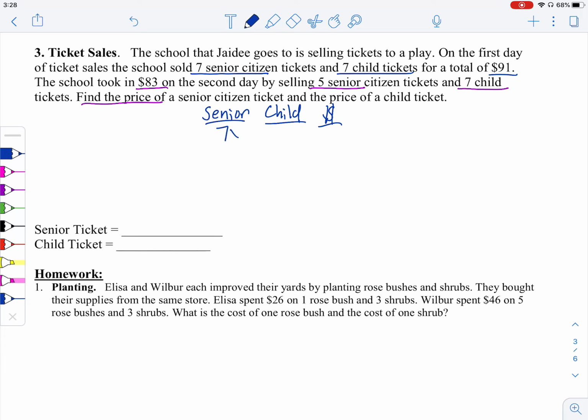So first day, 7 seniors plus 7 child, $91, right? 7 seniors, 7 child, $91. Then we go to our next one, $83, that's our money, for 5 senior tickets plus 7 child tickets equals $83.